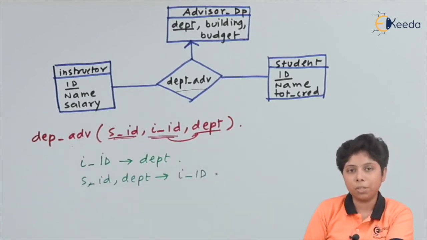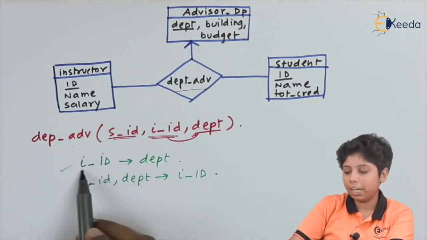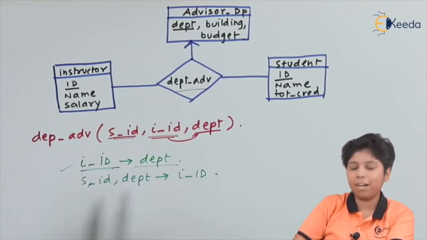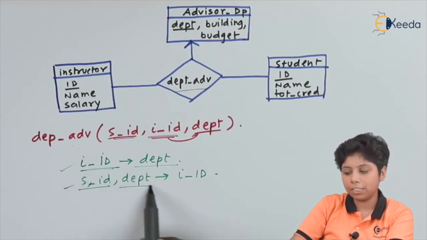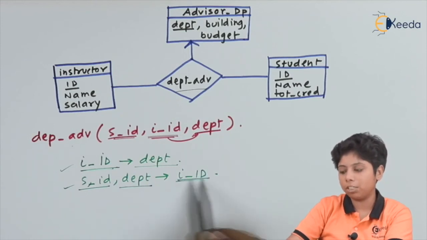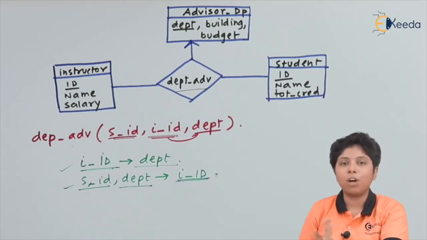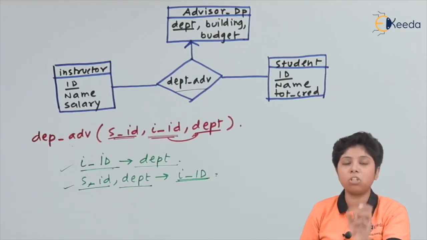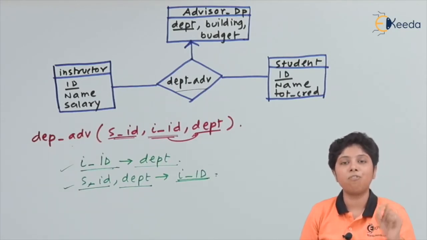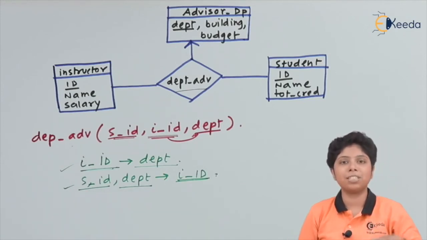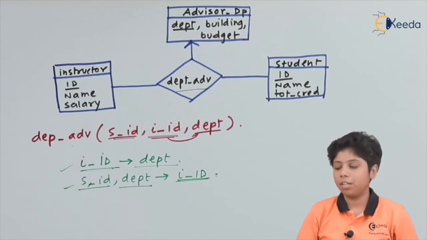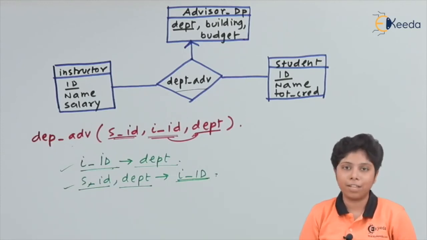There are two dependencies. The first is that an instructor can be the advisor of one department only. Also, if there is a student and a department, then there should be one instructor to advise. So, say Kim is the instructor, he can be the advisor of the physics department only, and student Wu in the physics department can have Kim as an advisor.